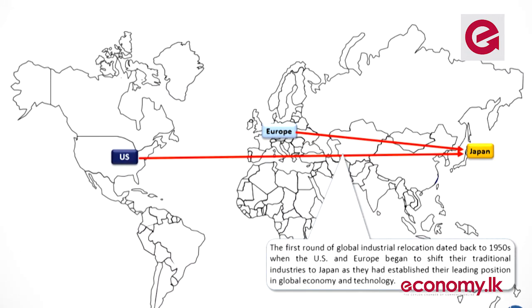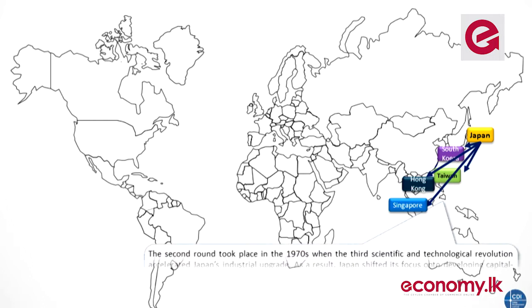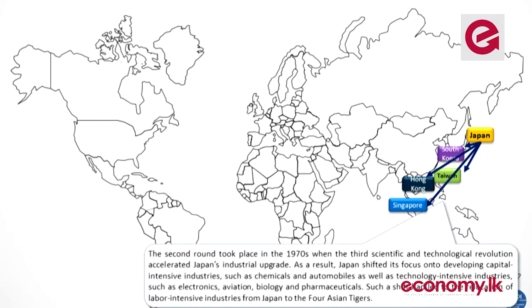In the 1950s, the manufacturing base began to shift from the US and Europe to Japan. In the 1970s, the base moved again. We call it the second round, the move from Japan to the 4 Asian tigers, namely Singapore, South Korea, Taiwan, and Hong Kong of China.